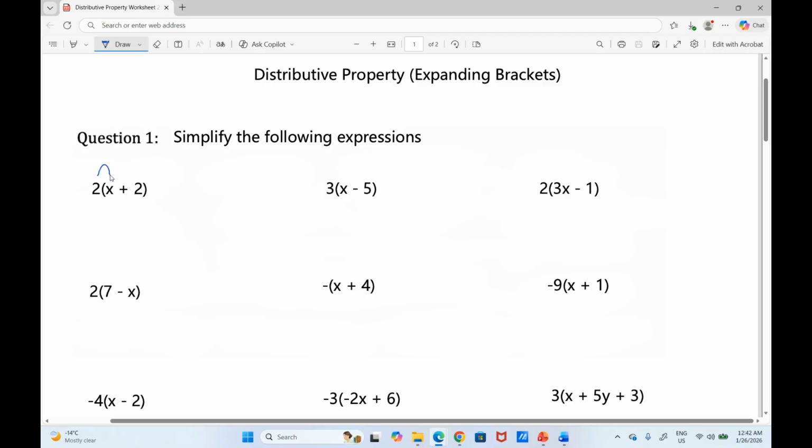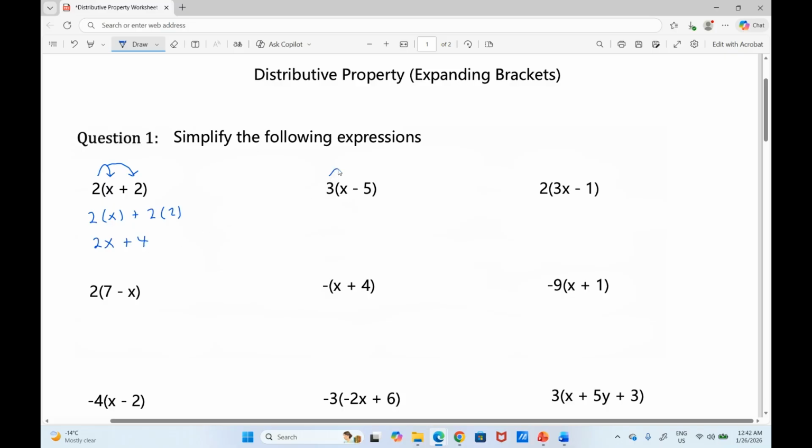When I apply the distributive property, I must multiply this 2 by every term inside of my bracket. Since I have 2 terms, x and 2, I'm going to compute this as 2 times x plus 2 times 2. Now 2 times x is going to be 2x, and 2 times 2 is going to be 4. So when I fully simplify this expression, I'm going to get 2x plus 4.